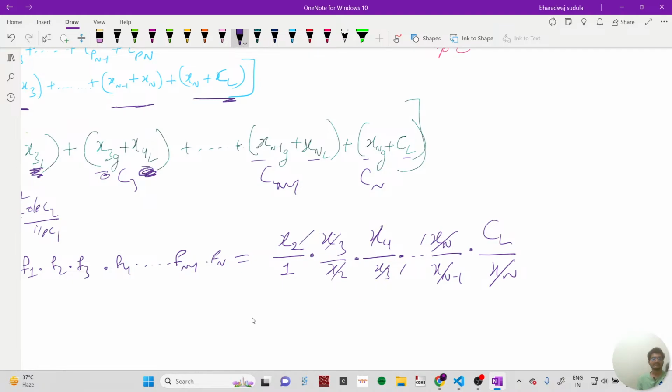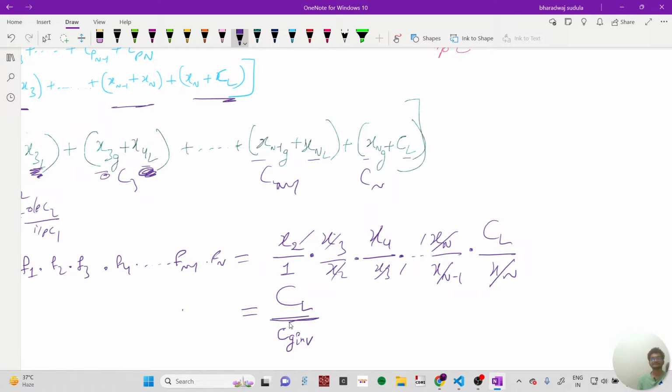The remaining, if I multiply everything, the result is load cap by first inverter input gate cap, that is nothing but CG inverter, right?